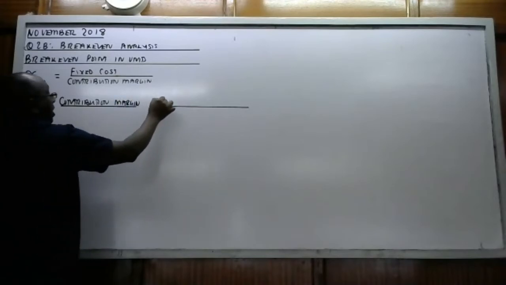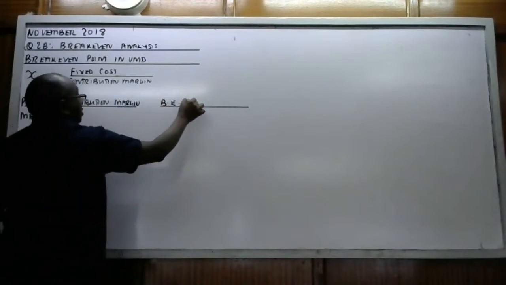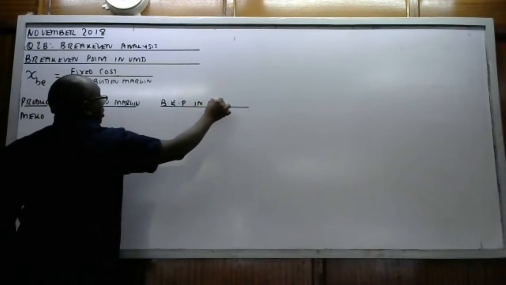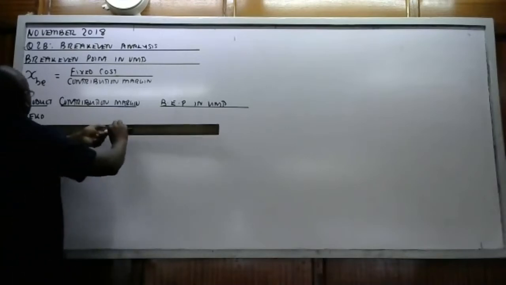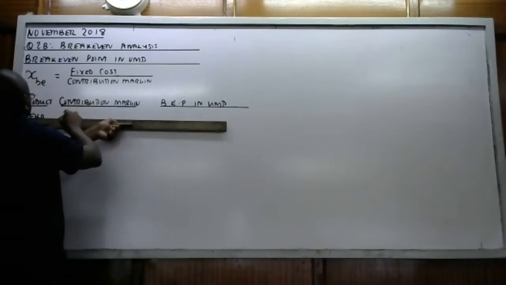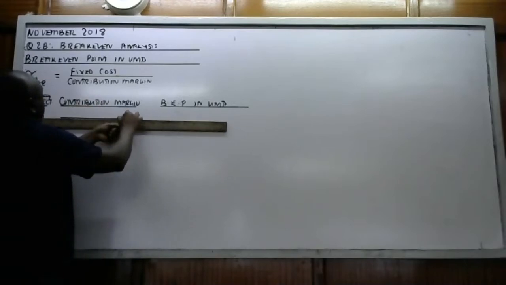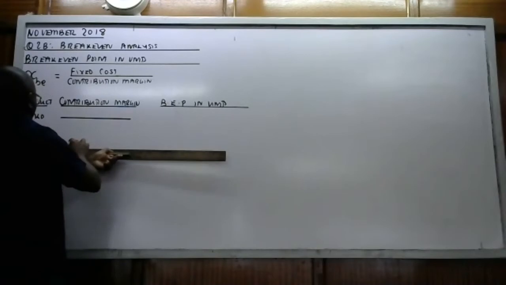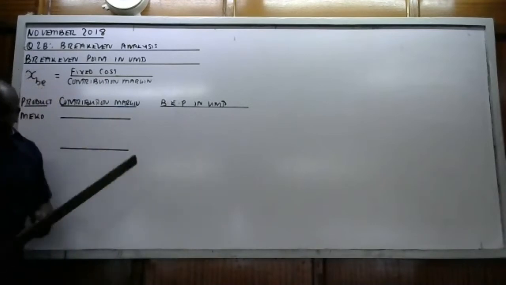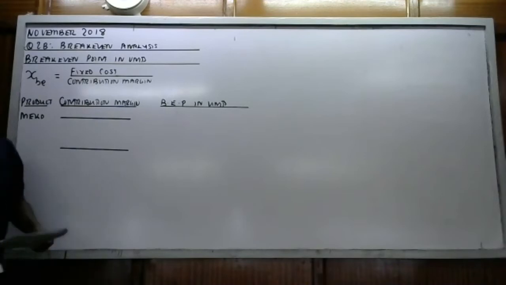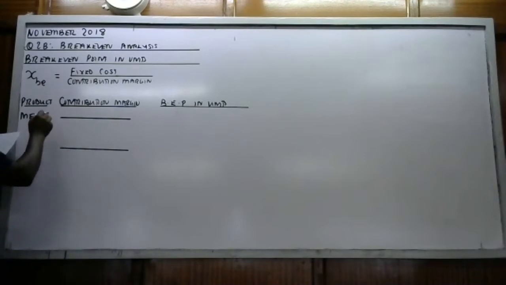And then we get the break-even point in units. So contribution margin, we know it's price minus variable cost.